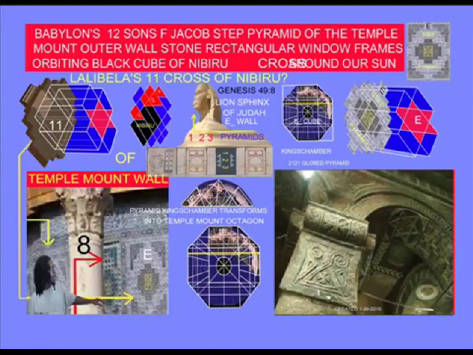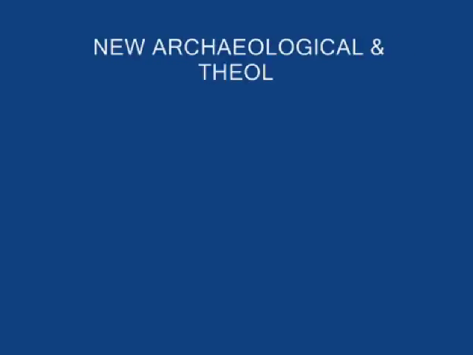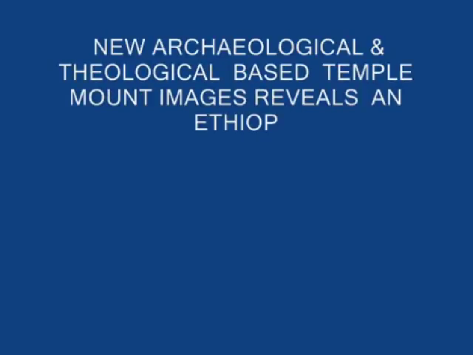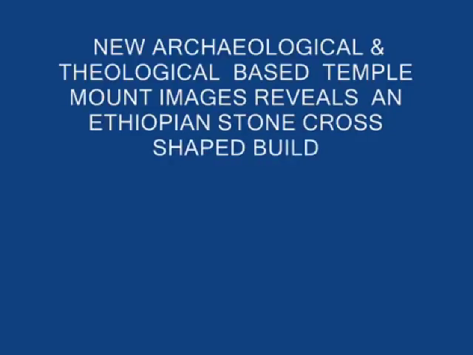This Ethiopian stone cross-shaped building structure is connected to the dual stone axis, which appears along the wall area of the octagonal building structure in Jerusalem.